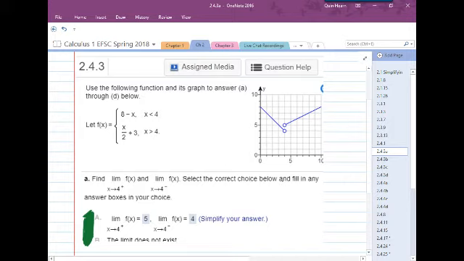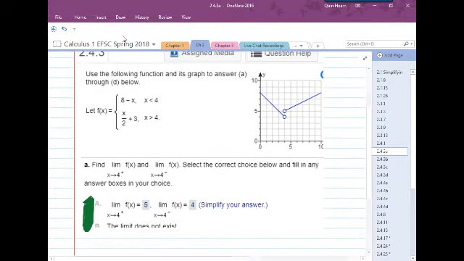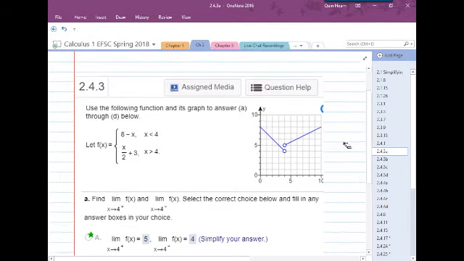Using the following function and its graph, we're going to answer several questions, A through D. In this first part, we're being asked to find the limit as x approaches 4 from the right, and the limit as x approaches 4 from the left.